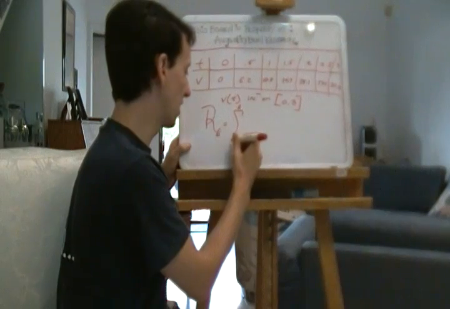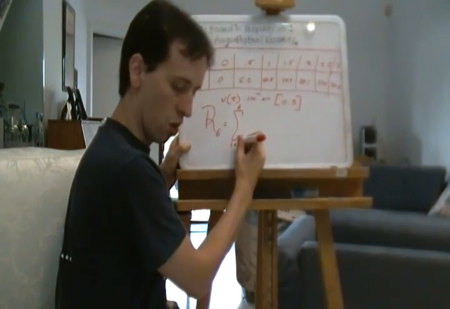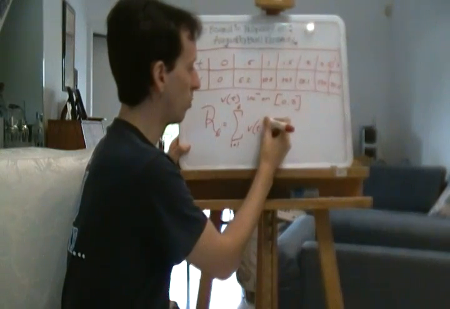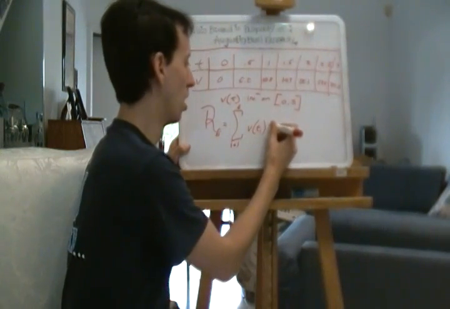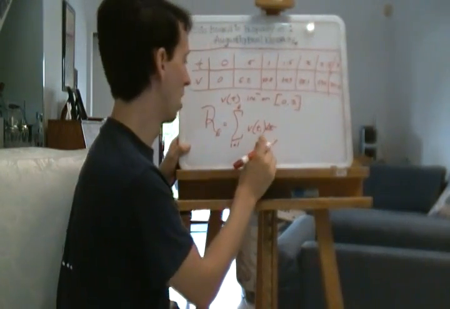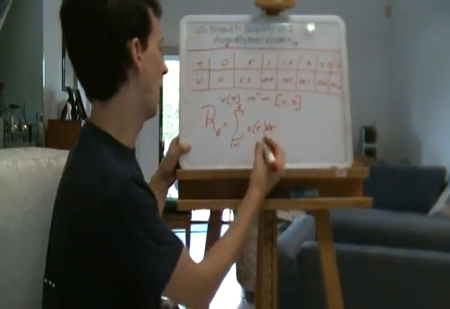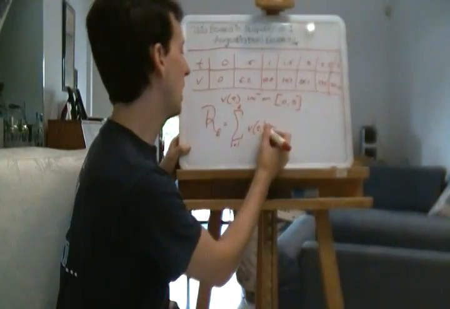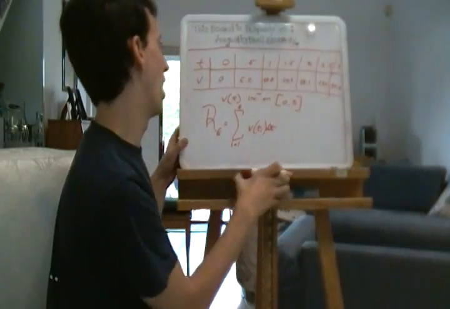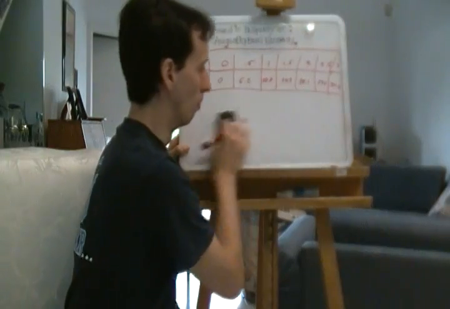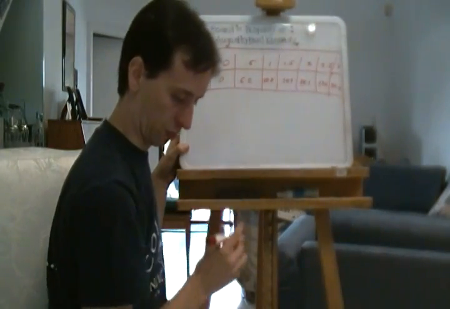Now, I mentioned that this is basically like saying the sigma, with n being 6 and i equaling 1, of v of t sub i times delta t. What this means is that we're going to take all of these values and add them together.